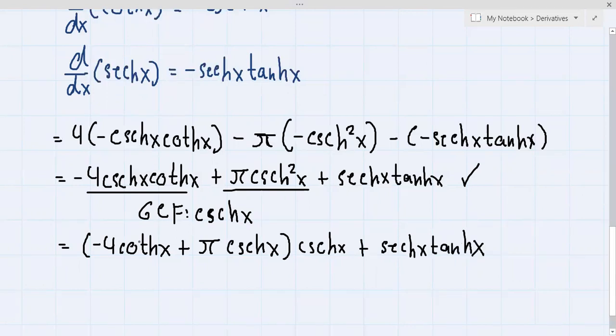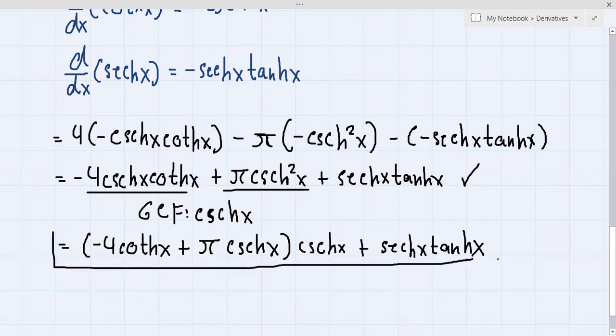And there we go. You can simplify this further if you want to convert it to hyperbolic sine and hyperbolic cosine functions. It's up to you, but for me, this is already a valid answer.